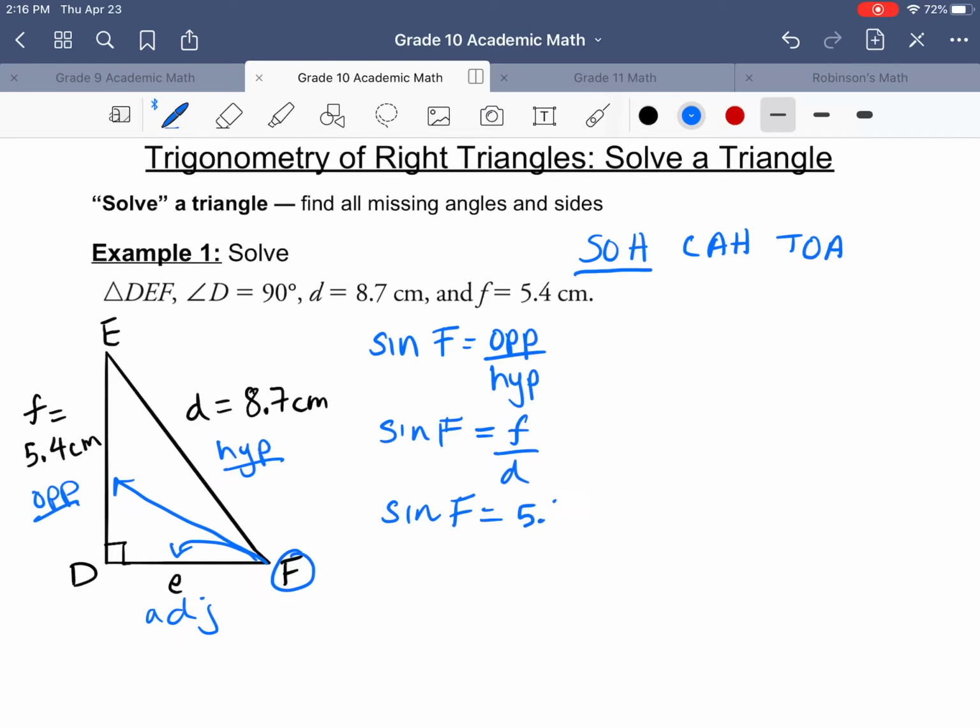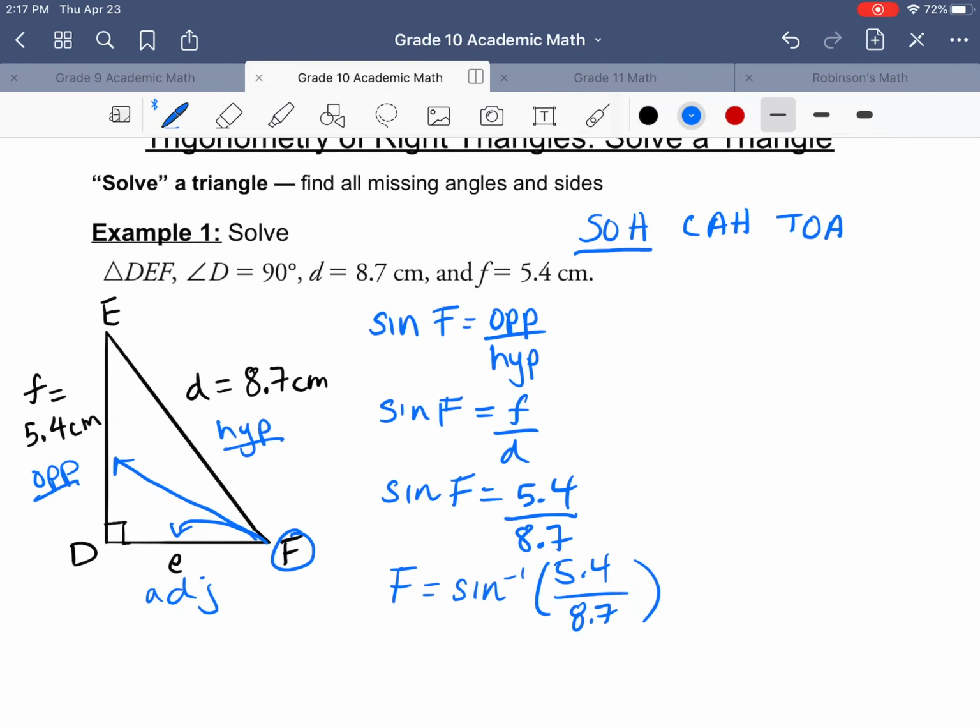So little f is 5.4 and little d, or lowercase d, is 8.7. So actually we can go straight to writing F by itself. So angle F is equal to the inverse sine of 5.4 divided by 8.7. And this will give us approximately 38 degrees.